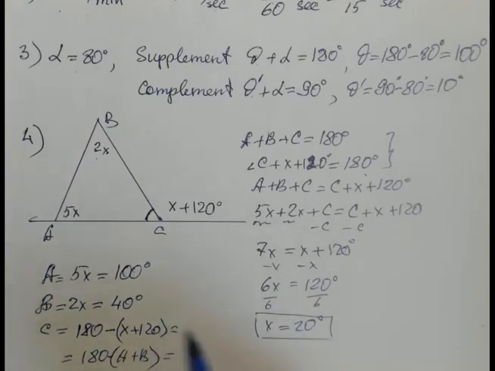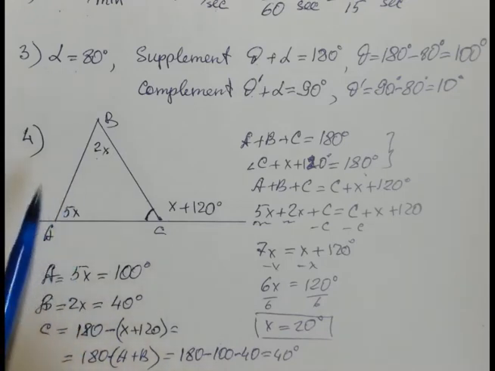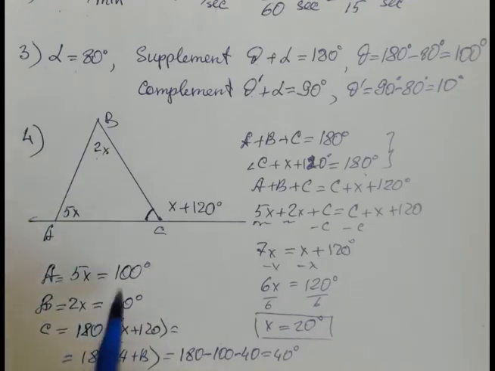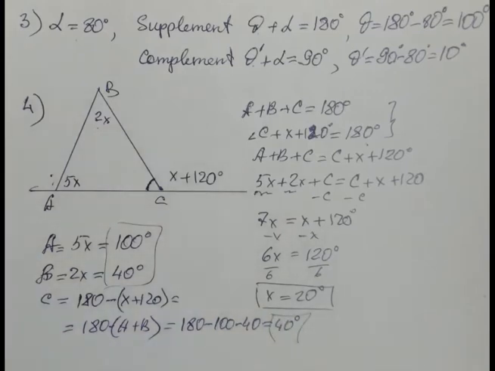Either so or so. 180 minus 100 minus 40 equals 40 degrees as well. The actual triangle doesn't look exactly like the triangle shown in the picture, but it's only a sketch of this triangle and x.